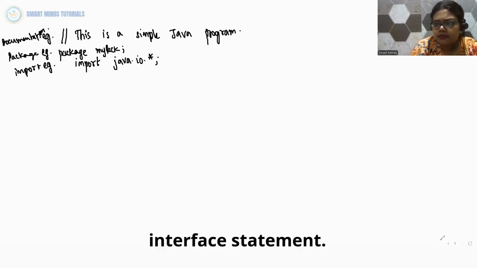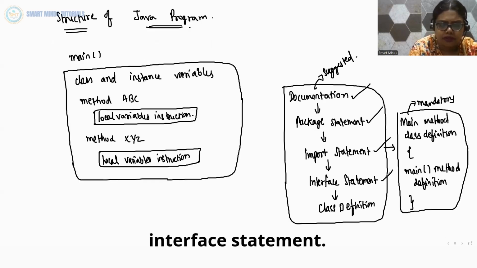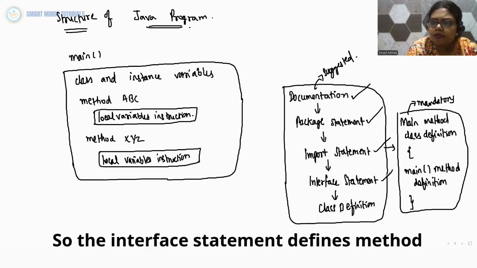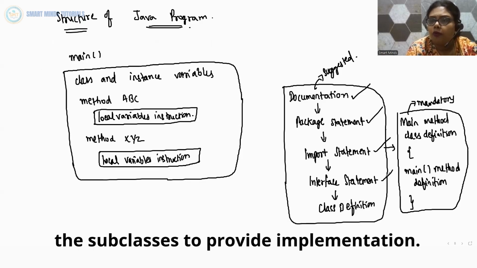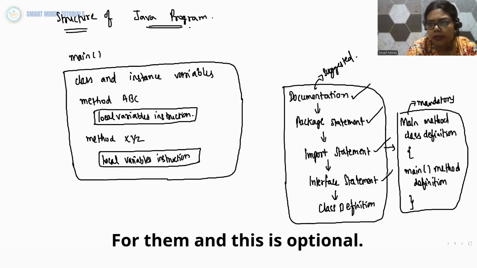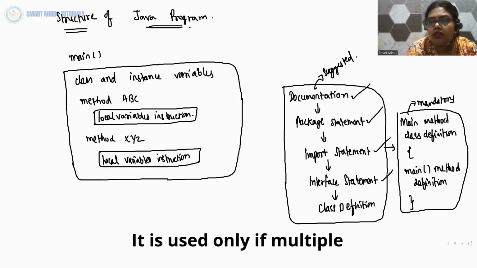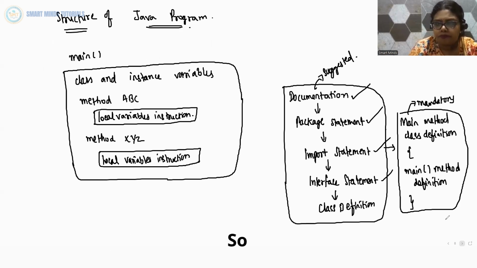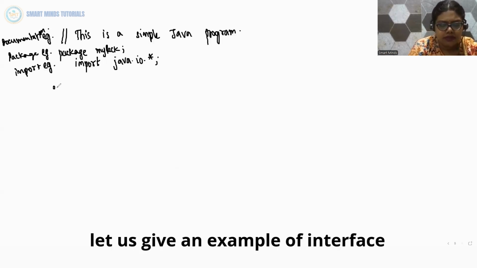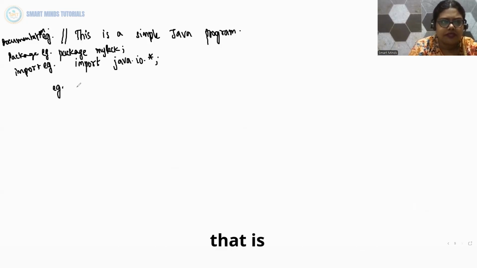Next is the interface statement. So the interface statement defines method declarations without body for the subclasses to provide implementation for them. And this is optional. It is used only if multiple inheritance is required in the program. So let us give an example of interface, that is interface EX.